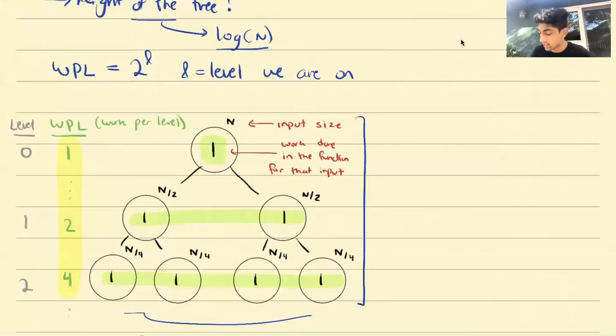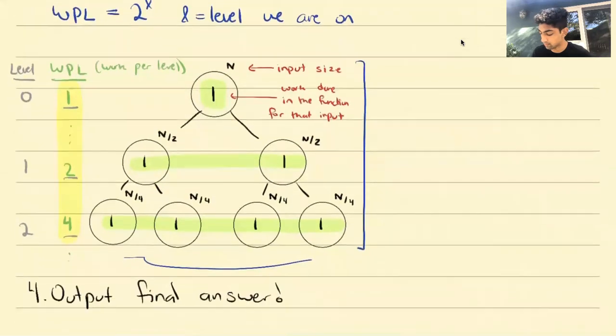And what we'll notice is that the work per level is simply going to be 2 to the level, right? In this case, we see that this is 2 to the 0, and this is 2 to the 1, right? And this is 2 squared. Okay, so what we've successfully done is we figured out, here's another way to identify the work per level.